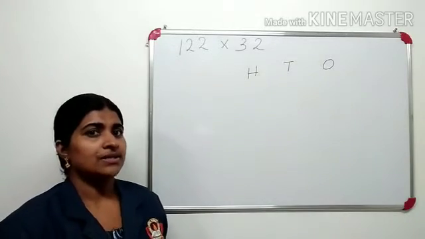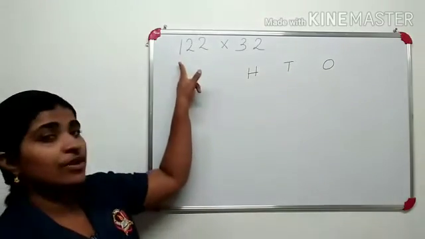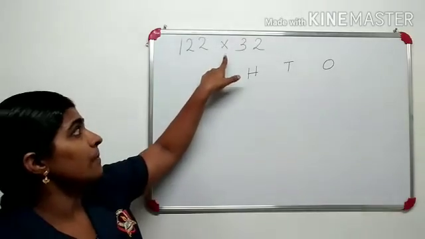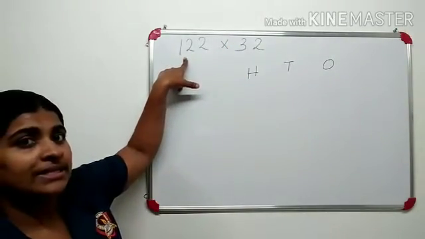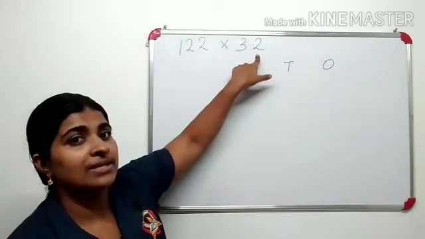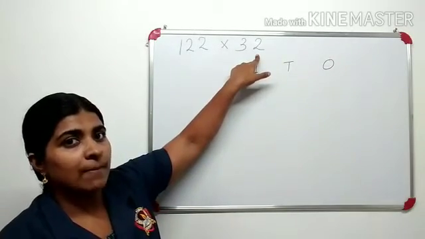Next example is we are going to multiply 122 by 32. Here our multiplicand is a 3-digit number and the multiplier is a 2-digit number.